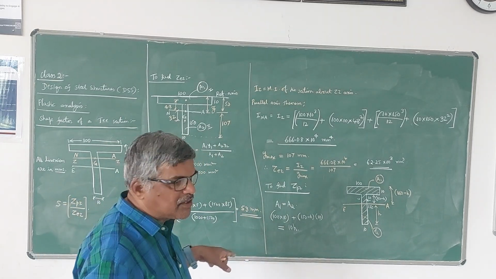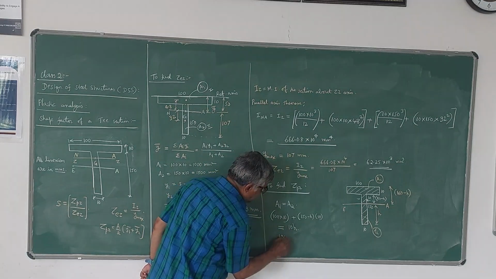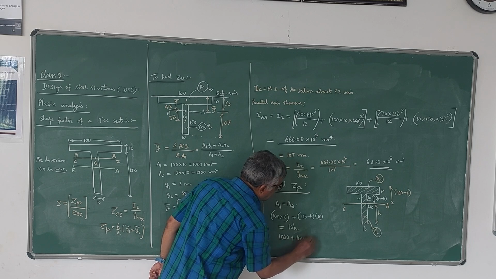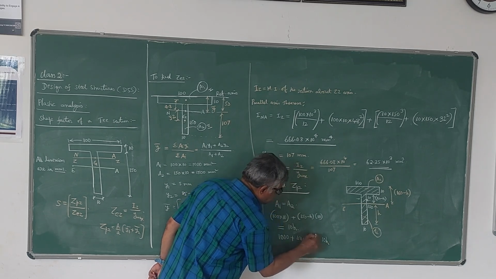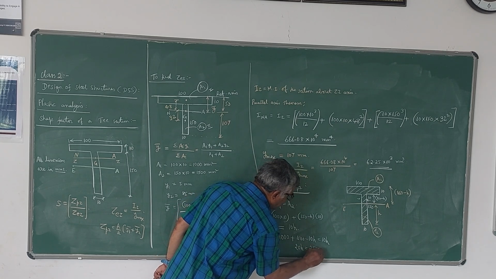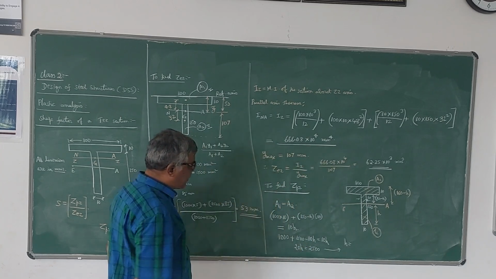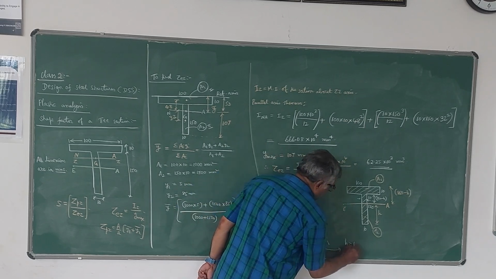Once you get the value of h, the equal area axis is fixed. So 1000 plus 1500 minus 10h is equal to 10h. That means 20 times h is equal to 2500. Therefore h is equal to 2500 divided by 20, or 250 divided by 2, which is 125.